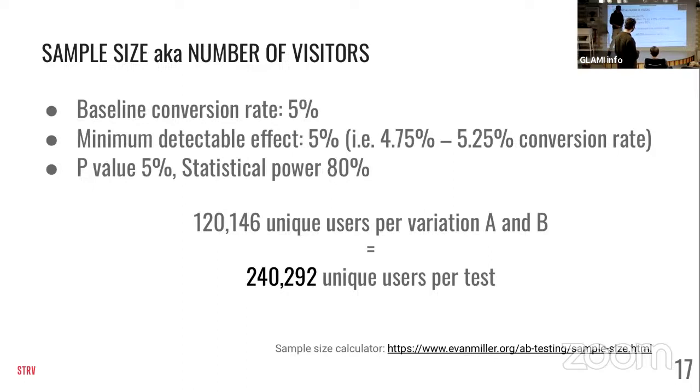But basically, what it computes is that if you would like to detect statistically significant differences with these limits and these two parameters, then you need to use these numbers of users.